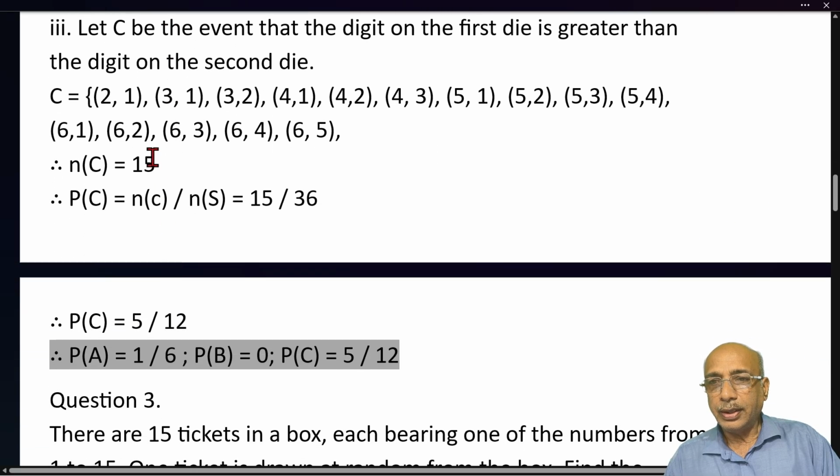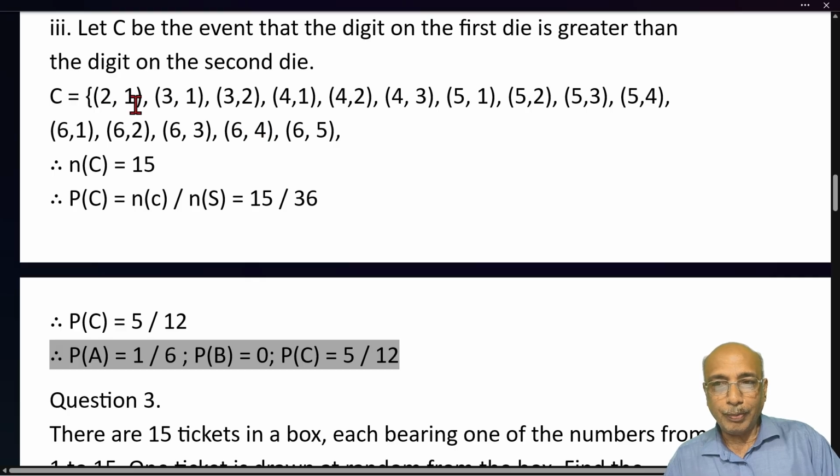Next event: let C be the event that the digit on the first die is greater than the digit on the second die. The first die must be greater. So it will be 2,1; 3,1; 3,2; 4,1; 4,2; 4,3; 5,1; 5,2; 5,3; 5,4; 6,1; 6,2; 6,3; 6,4; 6,5. I'm sure you have understood the logic applied here. Read once again yourself and you will get it.